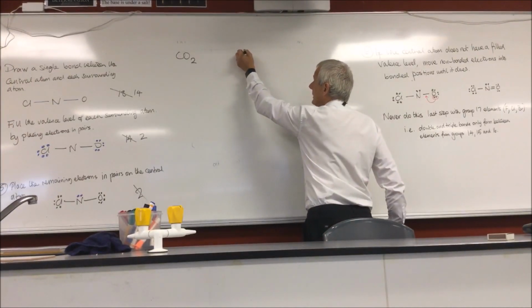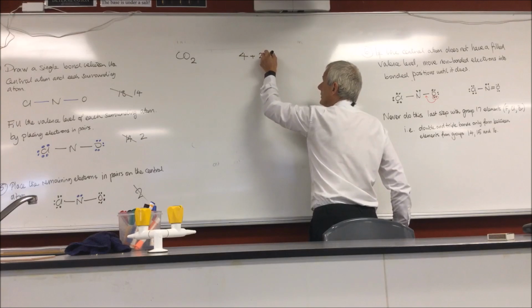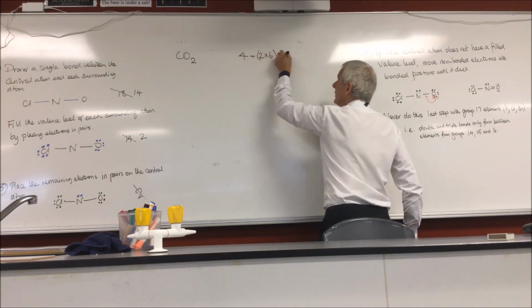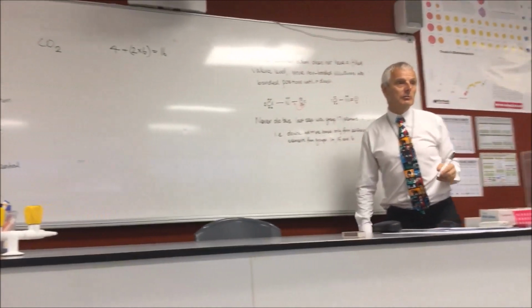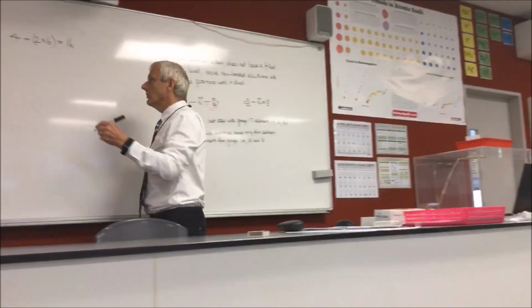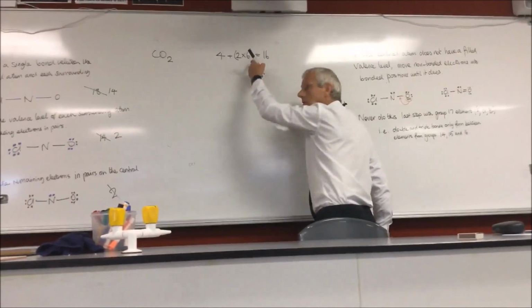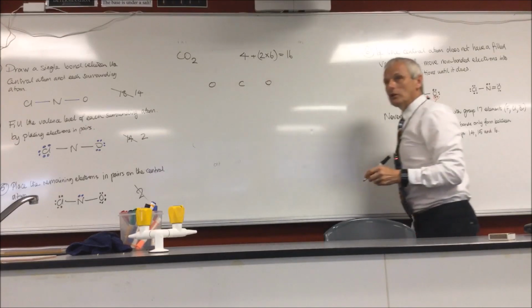So carbon is how many? 4 plus 2 times 6, which is 16. Okay? Which one's going to be the central atom? Carbon, because it's got the fewest valence electrons. Okay? 4 versus 6. Yeah? So you can have carbon with 2 oxygens around it.